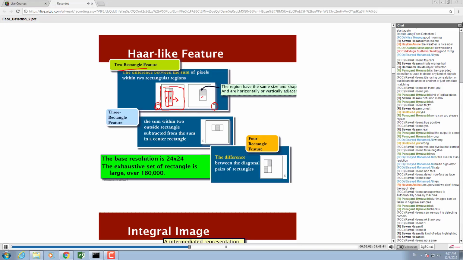For example, if you calculate this subtraction in the eye area of the face, and then in the same size in the mouth area, they will show different values, right? So even for the same face image, the position of this two rectangle feature gives us a different value, so they are regarded as different features.